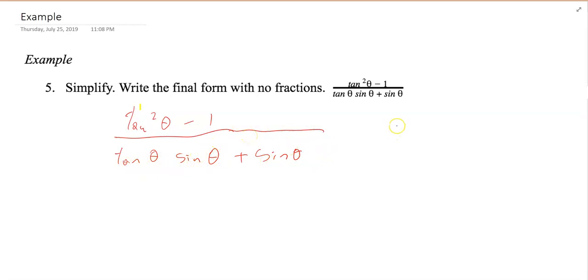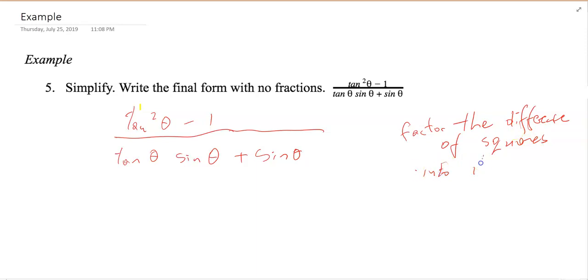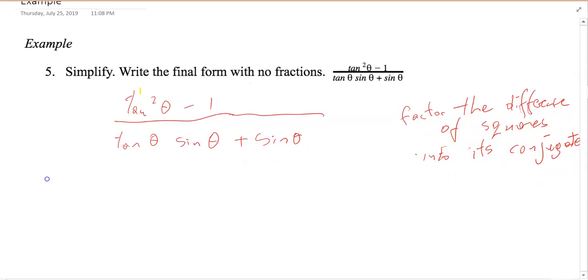Now, what we can do is factor the difference of squares into its conjugates.